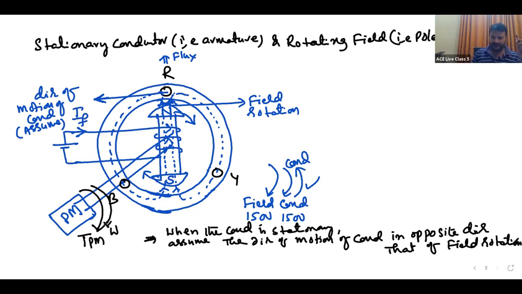Let me apply it: four fingers in the flux direction, thumb in the motion of the conductor. Then the current is inwards, into the paper, a cross.